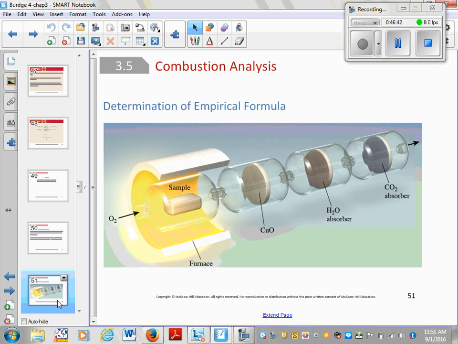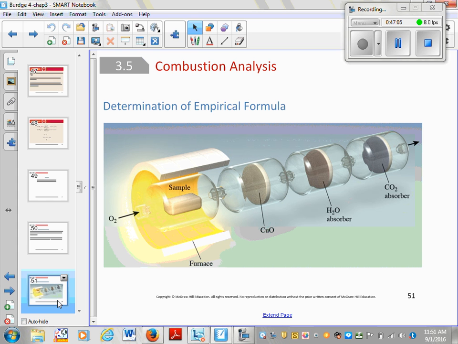So if I'm doing a sample that has carbon, hydrogen, and oxygen in it, if I weigh the H2O absorber before and after, the weight it gains is water. The hydrogen in that water came from the sample.